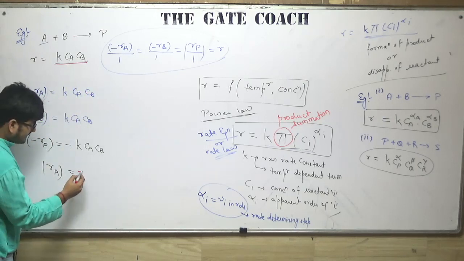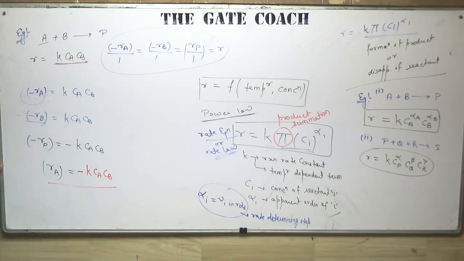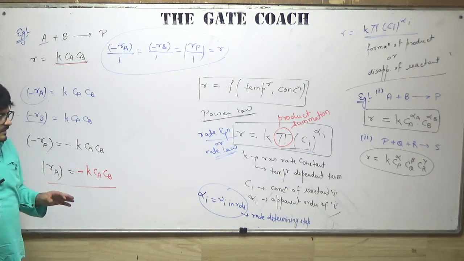So it will be minus k C_A C_B. So I hope it is clear to all of you. Now you can write down the rate of reaction for any component in any form.